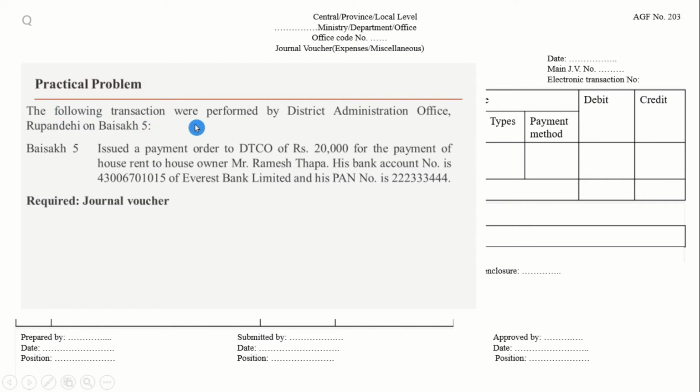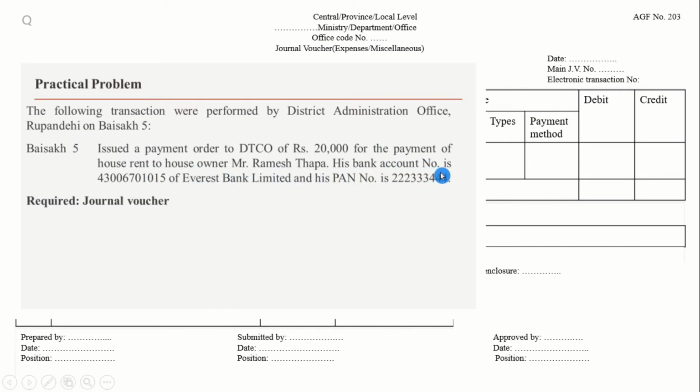The following transactions were performed by District Administration Office, Rupandehi on Baisakh 5. Only one transaction is given there, that is of Baisakh 5. Issued a payment order to DTCO of Rs 20,000 for the payment of house rent to house owner Mr. Ramesh Thapa.